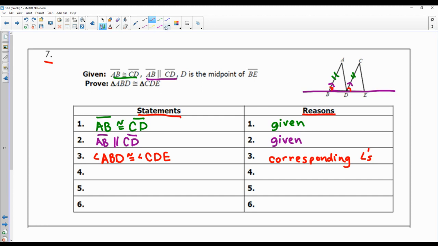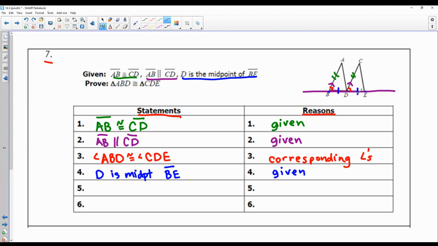All right, last thing we're going to look at is this last given. They've told me that D is the midpoint of the segment BE. Here's BE right there, and D is the midpoint. Now, what does midpoint mean? Midpoint just means that it breaks that segment into two congruent parts.